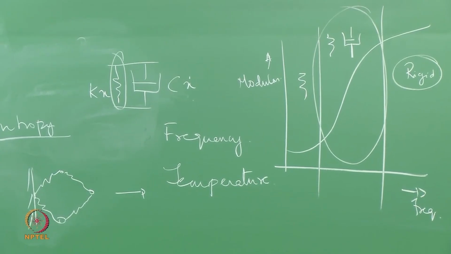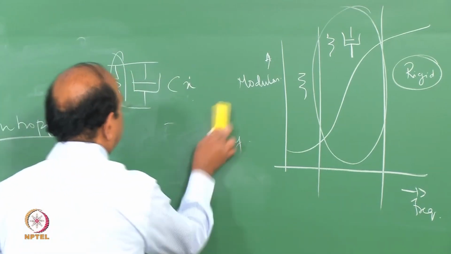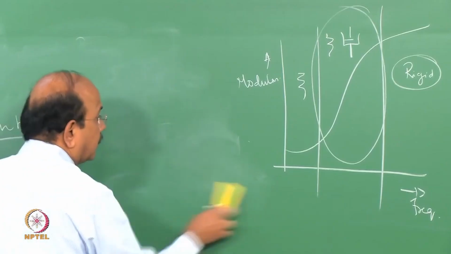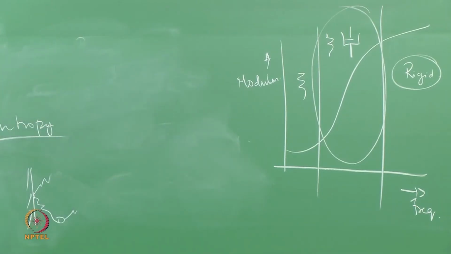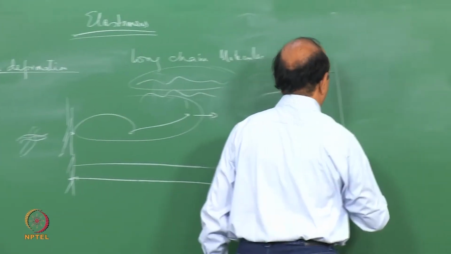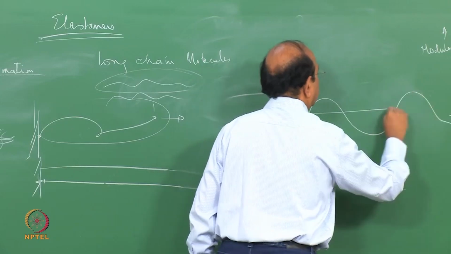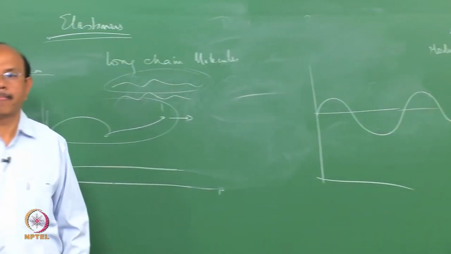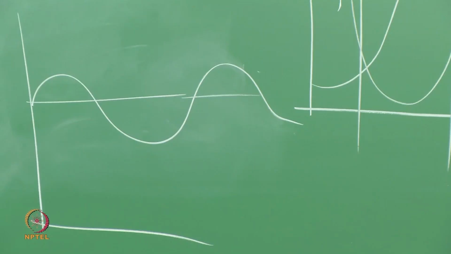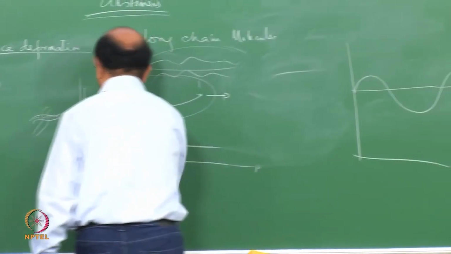If I now plot a stress strain curve for that region of interest, which I would call the viscoelastic region of interest, how would it look? Let's say that I apply the stress like this. Then the strains do not follow the stress.